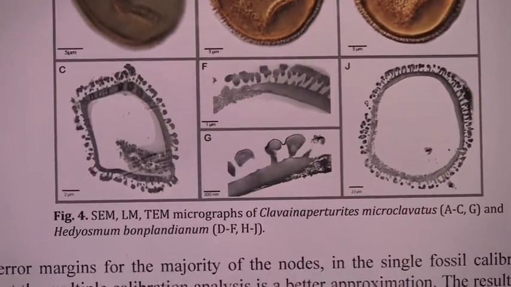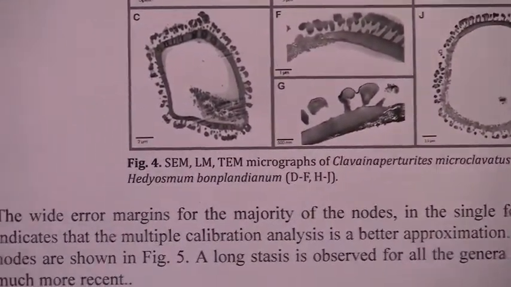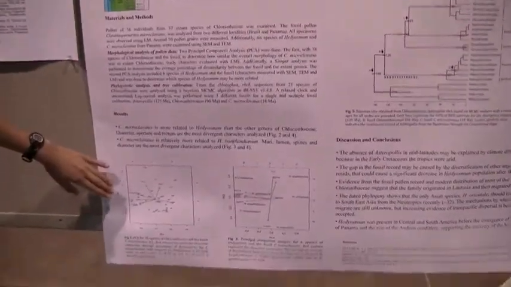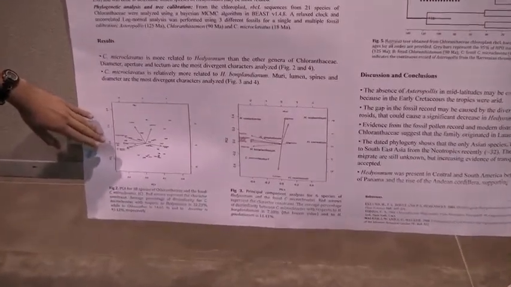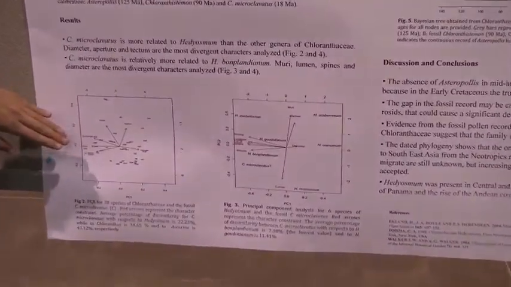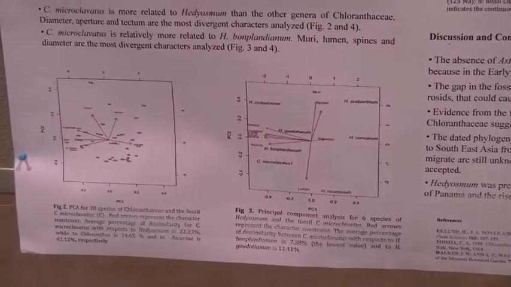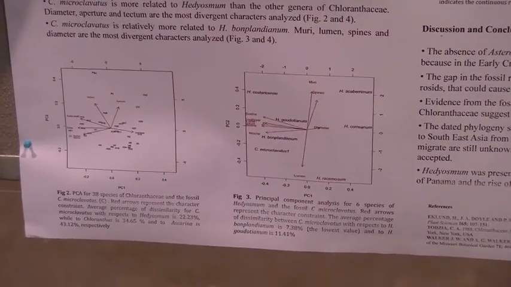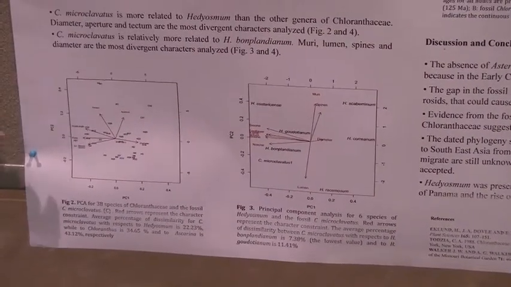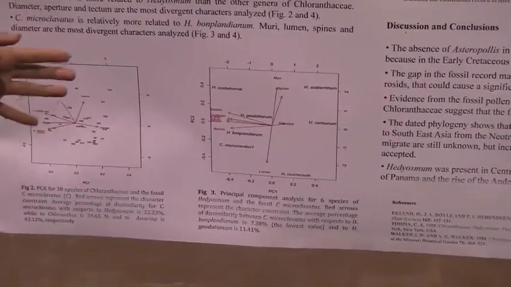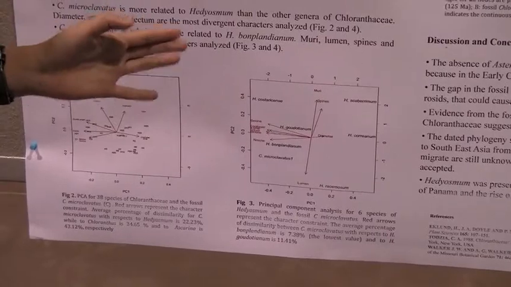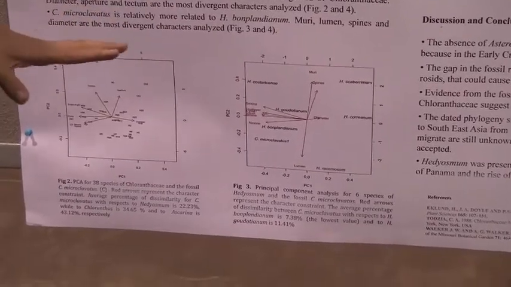So I made 2 PCA trying to compare actual species with the genus, and I found that this fossil record from the Miocene is more related to Chloranthaceae, but I couldn't define if it's more related to one species, just the genus.